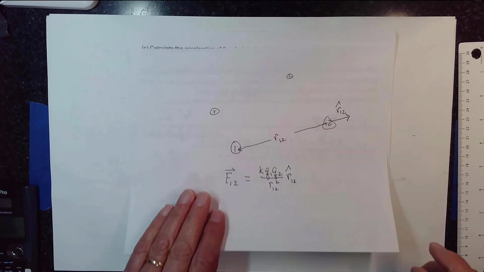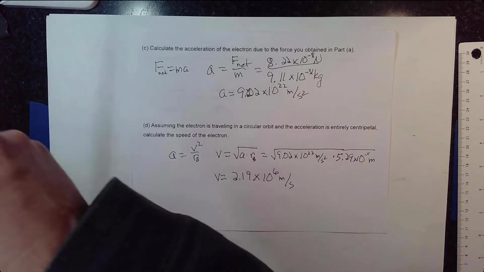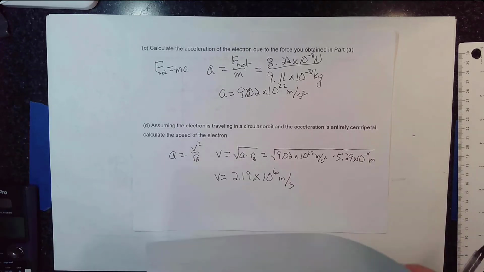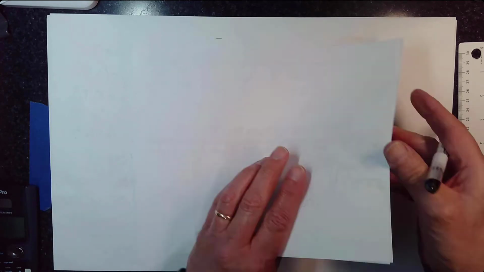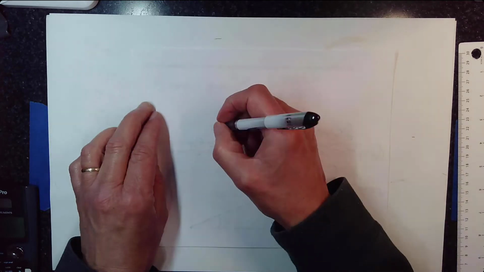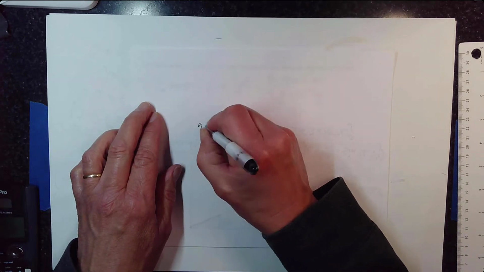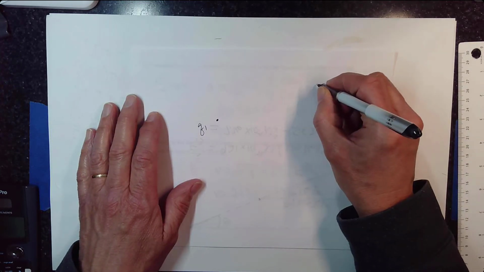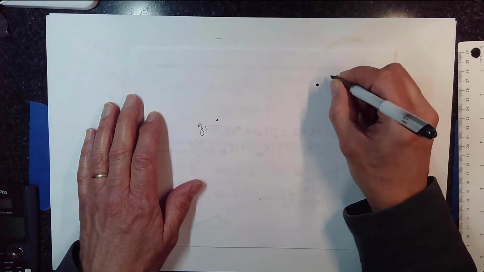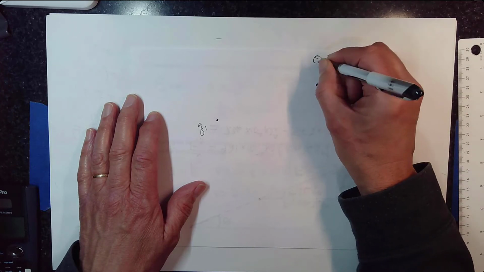Now let's toss in a complication, and the complication we'll look at here is to start adding more charges. But I'll start with just one charge here, and I'll call that one Q1, and I'll be interested in the force on a charge Q that's out here in space somewhere.